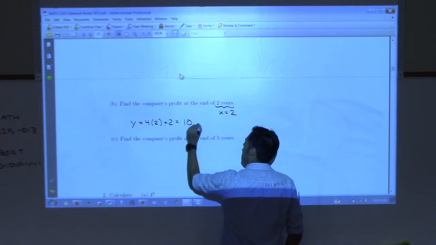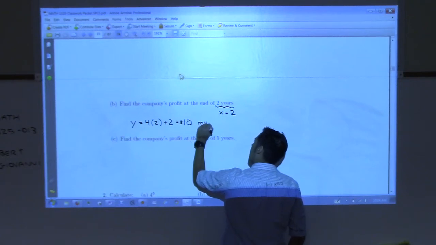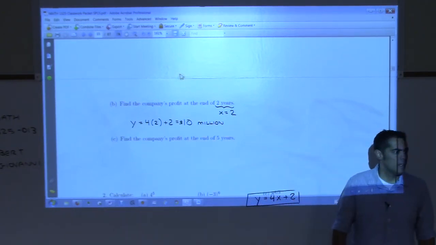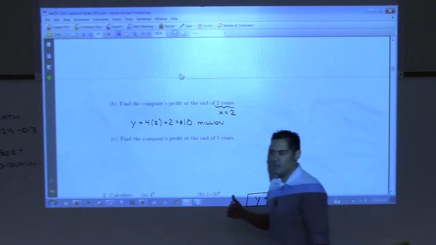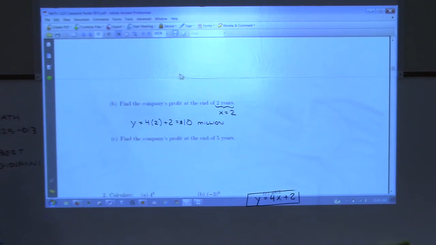However you want to write this, you can put dollars in front of it and put million, since it's important to understand what that 10 represents, because yes, it is the number 10, but 10 what? 10 dogs? No, $10 million.